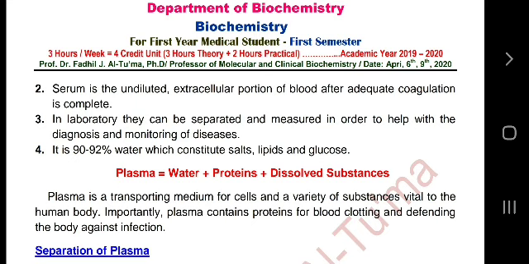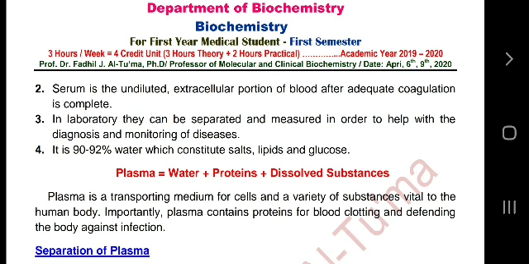The plasma contain about 90 to 92% of water. Water composition or constituent include various salt, lipid, and glucose. Therefore, generally, the plasma is equal to water plus proteins plus dissolved substances.